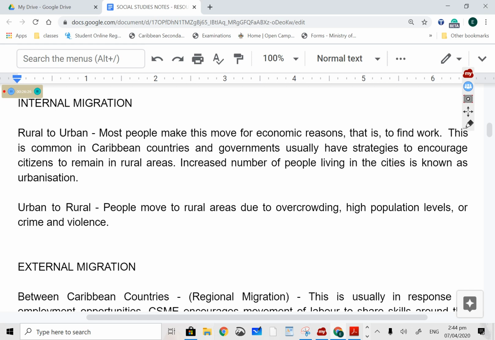So let us go back a little bit where they say government usually have strategies to encourage citizens to remain in rural areas. It means that they would try to get people more involved in agriculture. They would probably subsidize agriculture or do other things.